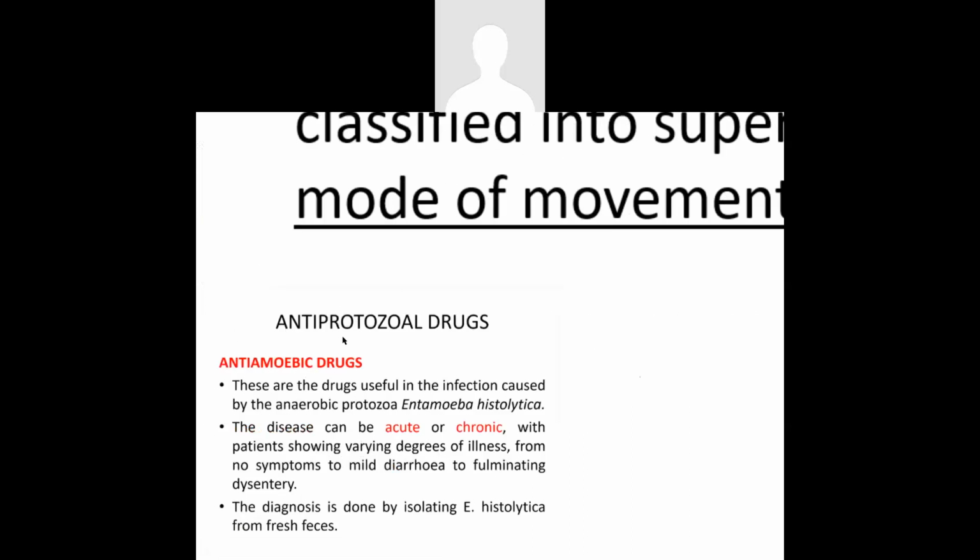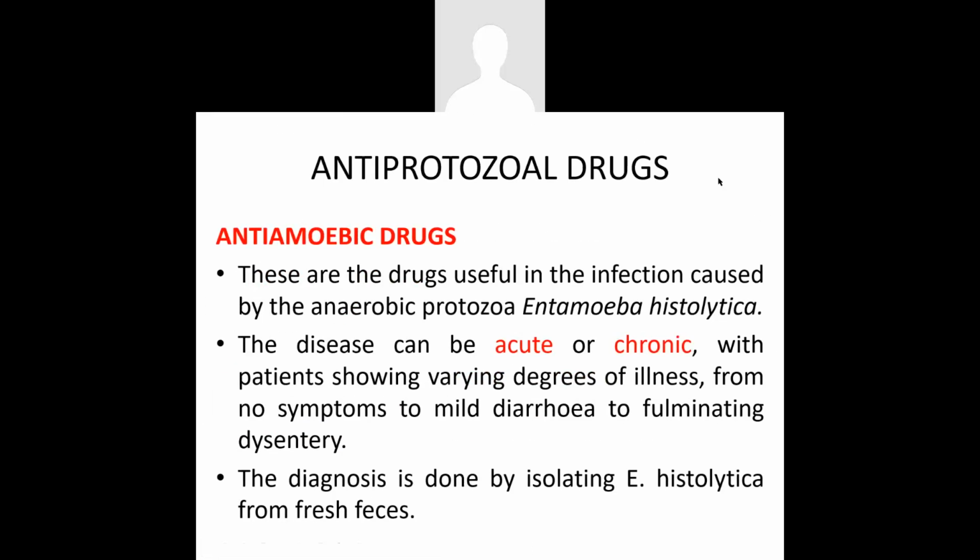In this lecture we are talking about antiprotozoal drugs. For the antiprotozoal drugs we have anti-amoebiasis drugs. These drugs are useful for treatment of infection caused by Entamoeba histolytica. This infection may cause acute or chronic infection. In the past lecture, we talked about Entamoeba histolytica classification and the pathogenicity of these microorganisms.